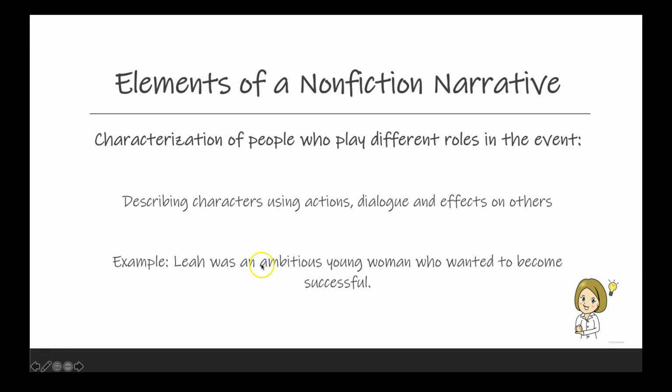All right, so if you said that we learned that she was ambitious, she was also young, okay? She wanted to become successful. I mean, it's clear as day in this example. Not every example is like this, but again, characterization is just describing characters, letting you know who they are.